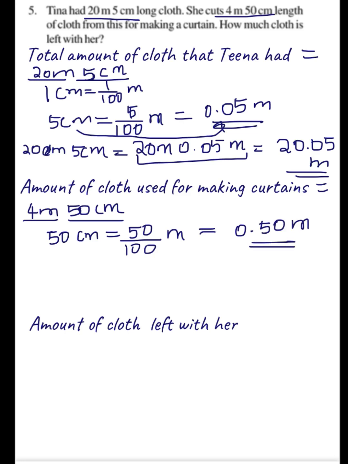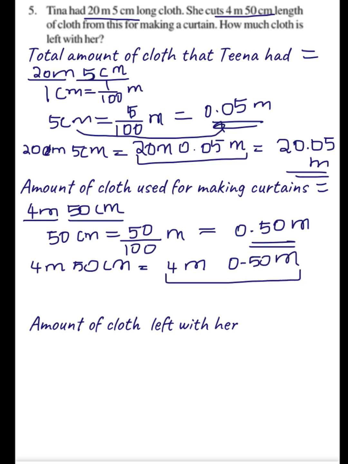So instead of writing 4 meter 50 centimeter, let's write it as 4 meter 0.50 meter. These two in total you can write as 4.50 meter. That means the amount of cloth used for making curtains is equal to 4.50 meter.